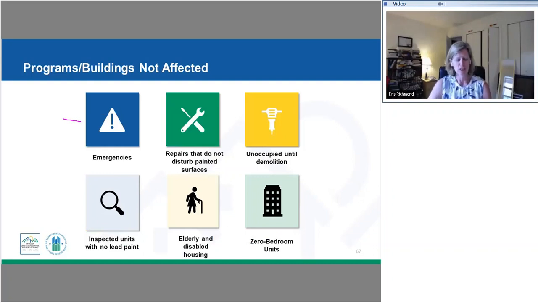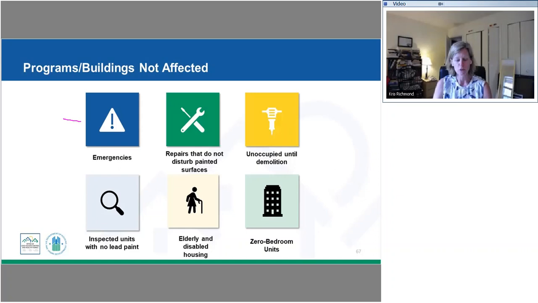A CDBG emergency repair program that really deals with deferred maintenance is not considered an emergency in the Lead Safe Housing Rule. Also, that extends to disaster recovery programs. Those are usually addressed after the disaster has happened. There's usually a significant amount of time that's passed.